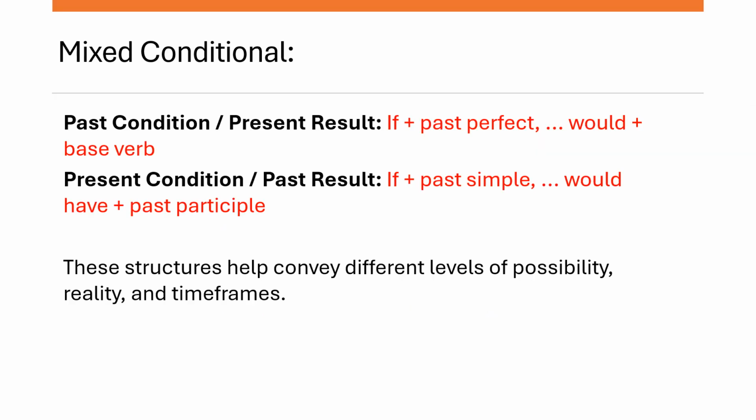Mixed conditionals, past condition present result: if plus past perfect in the dependent clause, would plus base form of the verb in the independent clause. Present condition and past result: if plus past simple in the dependent clause, would have plus past participle in the independent clause. These structures help convey different levels of possibility, reality and time frames.